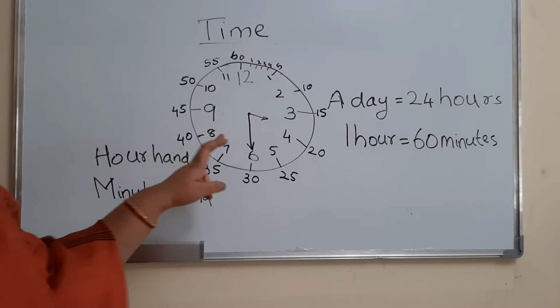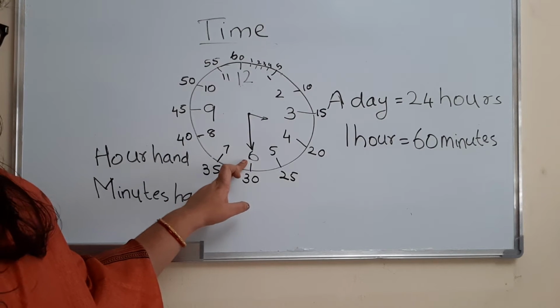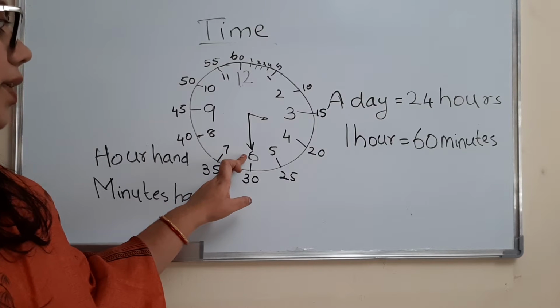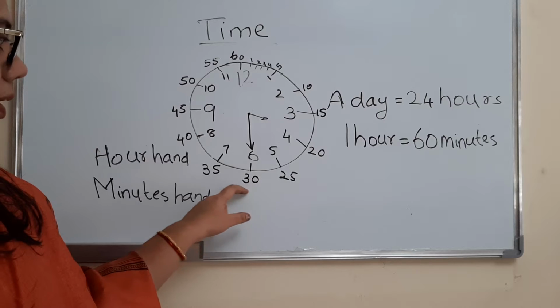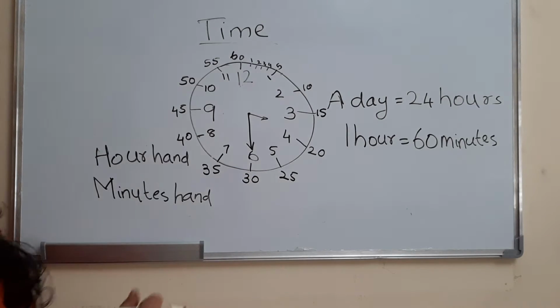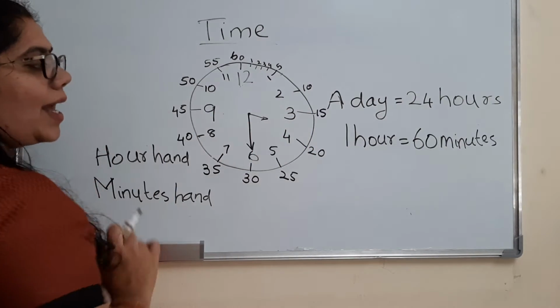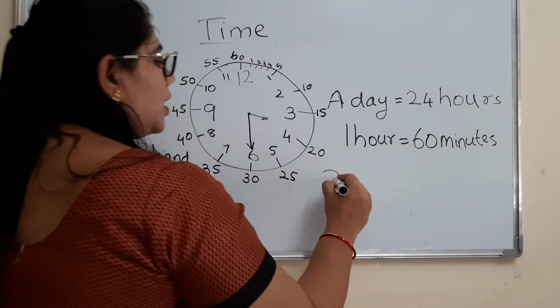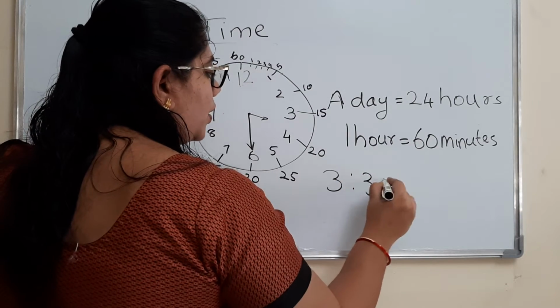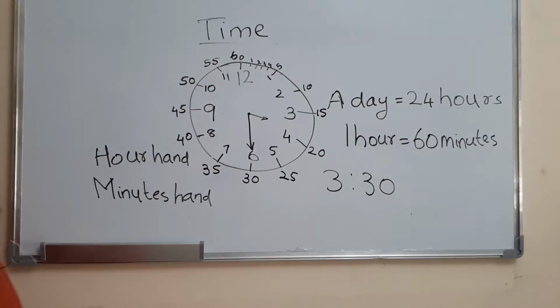When the long hand is on 6, we call it 30, because this is 30 minutes, right? And it is showing between 3 and 4. So we will call this time 3:30.